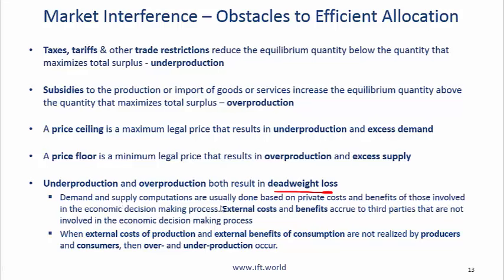Demand and supply computations are usually done based on private costs and benefits of those involved in the economic decision-making process. In other words, a firm produces goods, consumers buy goods, so typically demand and supply is based on the cost of the producer and the benefit of the consumer. Sometimes they are external costs.